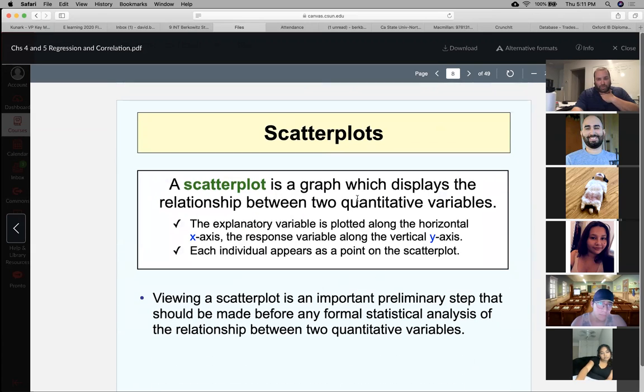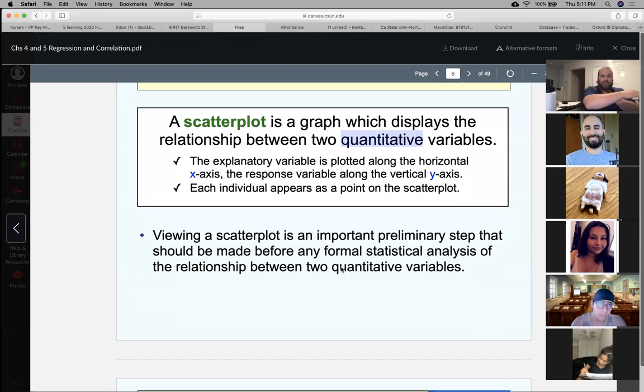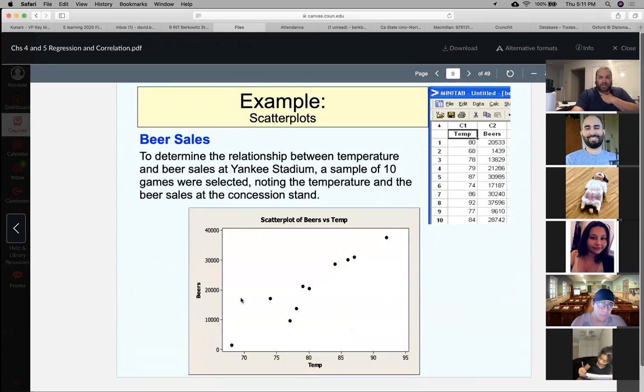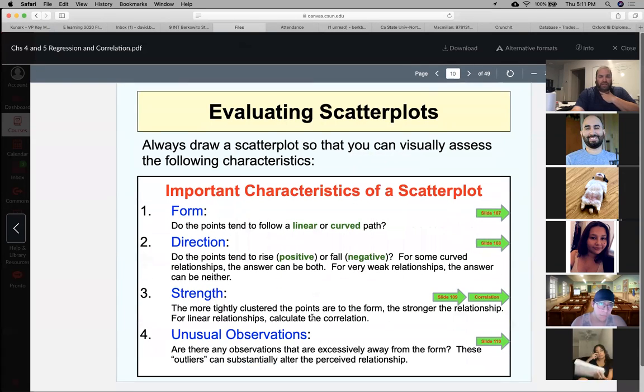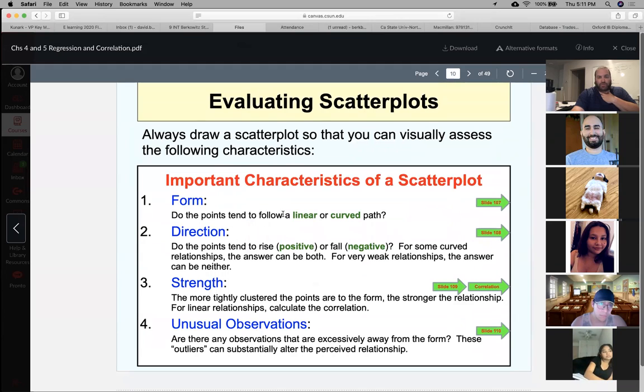We created a scatter plot, which Crunch It did for us, which displays the relationship between 2 quantitative variables, always quantitative. Explanatory on the x-axis and response on the y-axis, something like this. When we evaluate scatter plots, we first have to decide whether it's linear or curved.